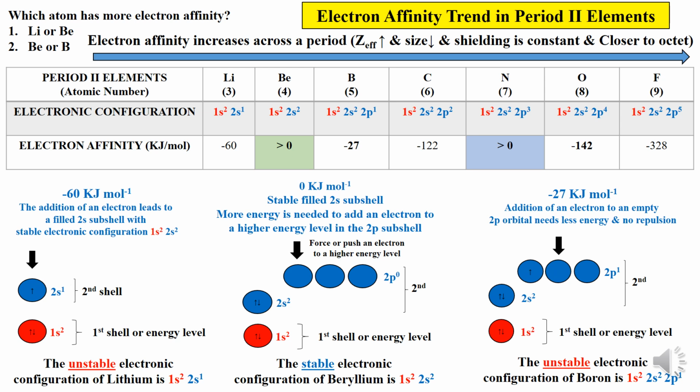So here you are adding an electron to an empty orbital, which needs less energy, because there is no electron there to experience a repulsion. That is one reason. Another reason is that it is just short of 2 electrons to complete the stable half-filled electronic configuration. And that is why it is shown by an exothermic value, negative sign.